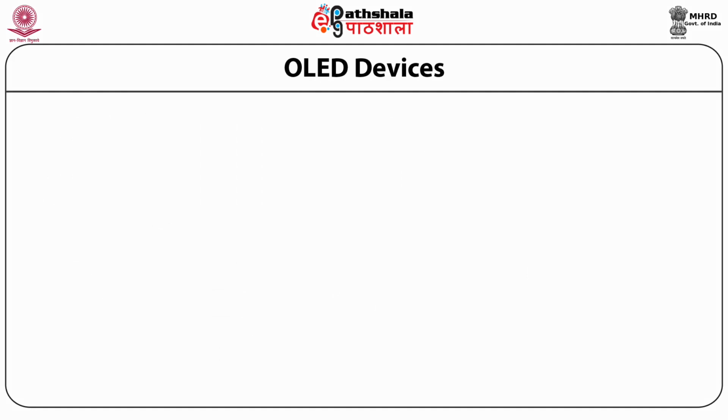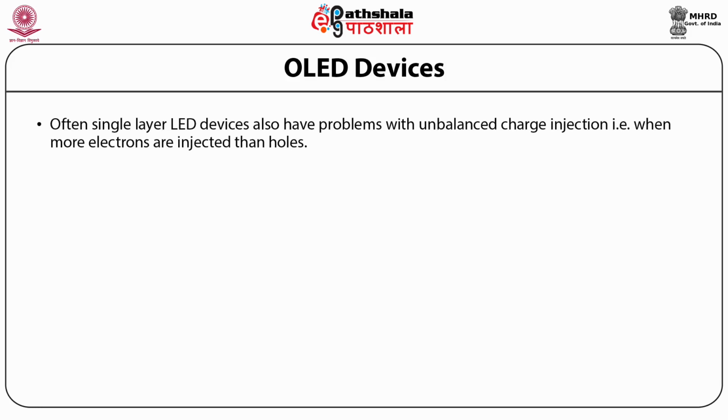Now let us discuss the OLED devices. Often, single-layer LED devices also have problems with unbalanced charge injection, that is, when more electrons are injected than holes. This results in the lowering of efficiency of the devices.